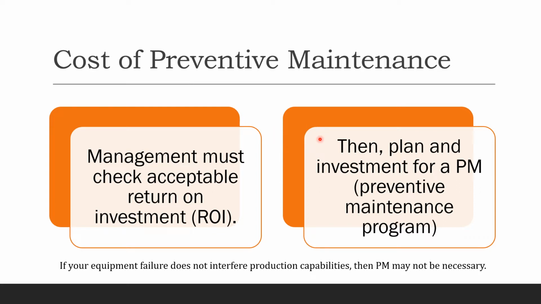If your equipment failure does not interfere with production capabilities, then preventive maintenance is not necessary. So you take a look at failure, and if that failure is not going to interfere with production, you don't have to put so much investment into that kind of system. It depends on the kind of operation you are doing in business.